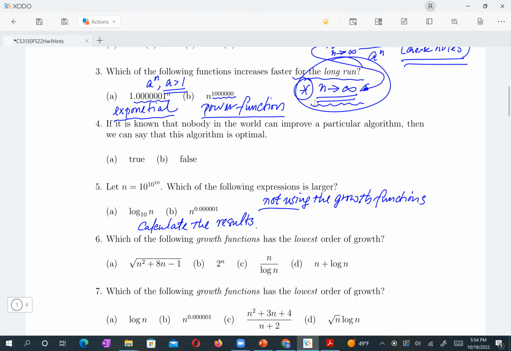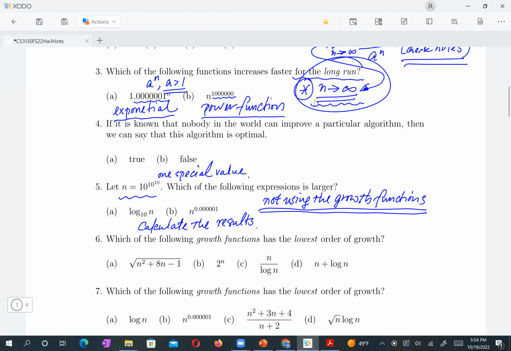Why do we not use that concept? The reason is, look at this, n takes one special value here. For the growth function, we do not take a special value.